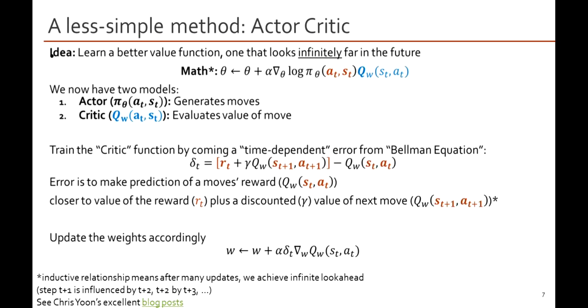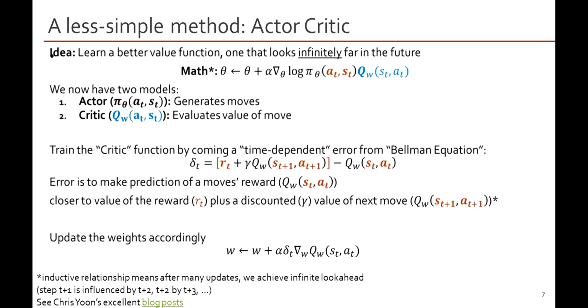And this is a function that's dependent on the states and actions, which are things that I can measure, and it's trained based on the reward. So the way that we do this is we update our critic function at each step based on some time-dependent error of the predictions of the value of its property. And this is using a term called the Bellman equation.